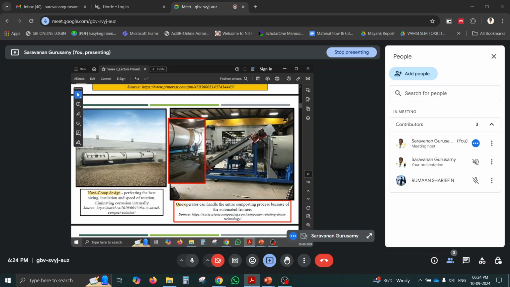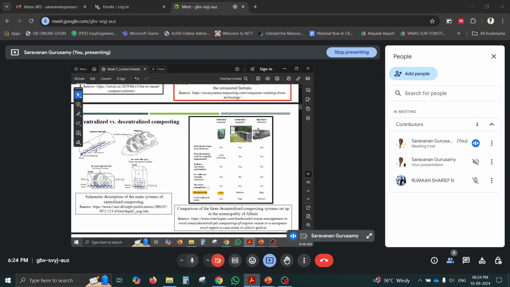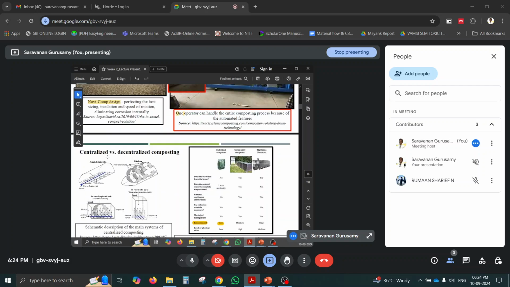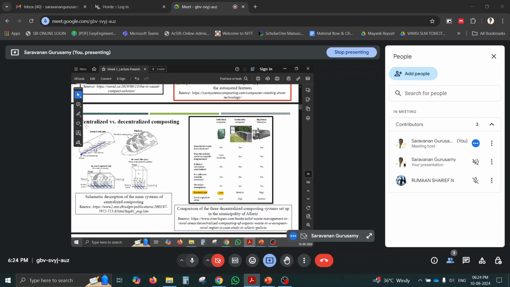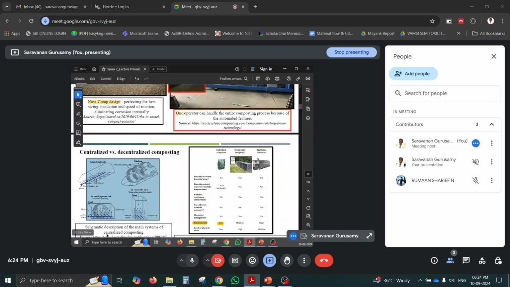But if you are checking with windrow composting, we need a lot of machinery and manpower. But in this type of in-vessel composting, the manpower requirement will be very little. But the initial cost and the operating cost will be somewhat higher compared to an open system. So this is again the centralized and decentralized composting system I am going to discuss.